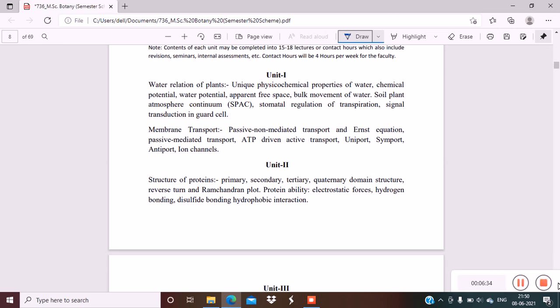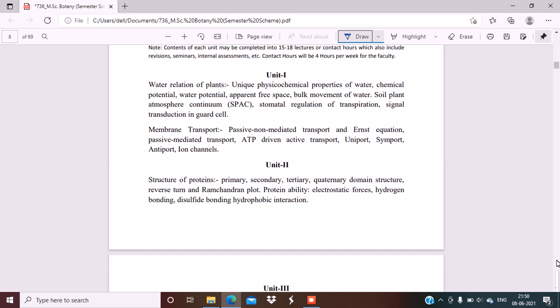Now the next is unit 2: Structure of Proteins, primary, secondary, tertiary, quaternary, domain structure, reverse turn and the Ramachandran Plot. For the Ramachandran Plot you will have to refer to some foreign writer book. If you want, I will tell you topic wise also, like this topic you will get in this particular book.